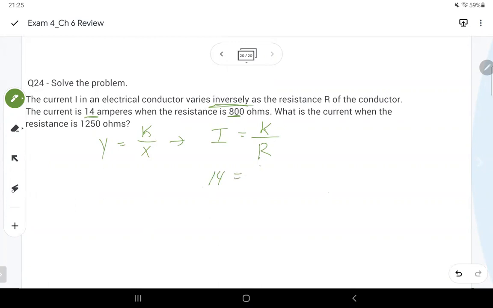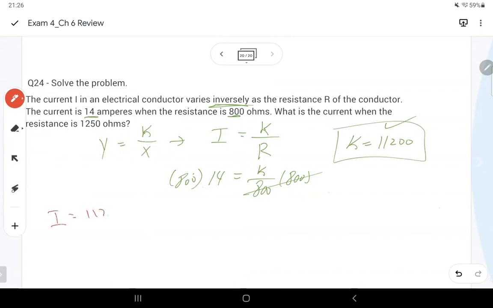So 14 equals k over 800. Multiply both sides by 800. We end up with k equal to 11200. We then want to find the current when we know that the resistance is 1250. Amps.